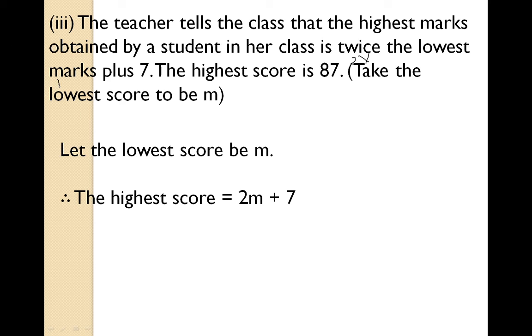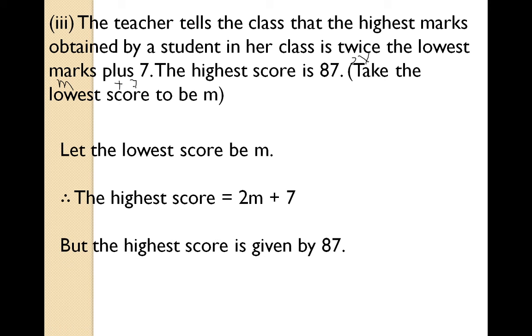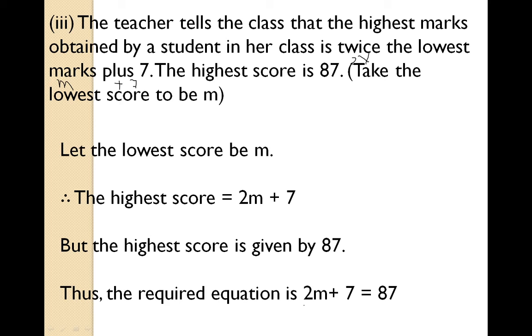Already the lowest mark we have considered M, plus 7. So twice, that means 2 into M, that is 2M plus 7, and the highest score is 87. So my equation is 2M plus 7 is equal to 87. Dear students, when you are going to form the equation, you have to go word by word. It is very important.